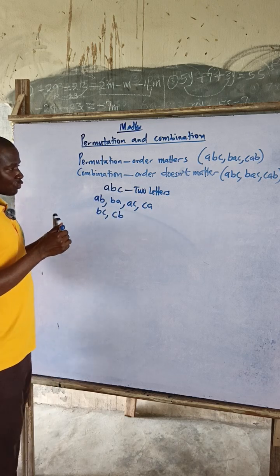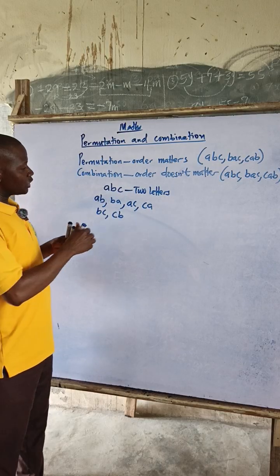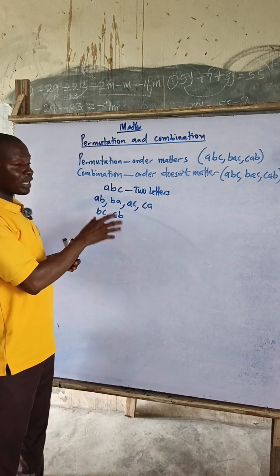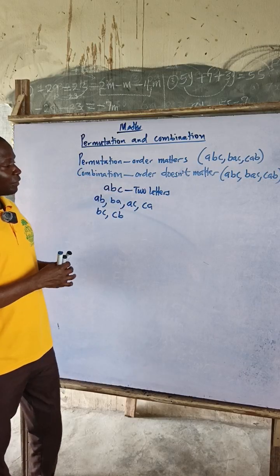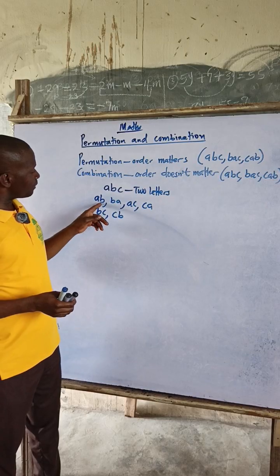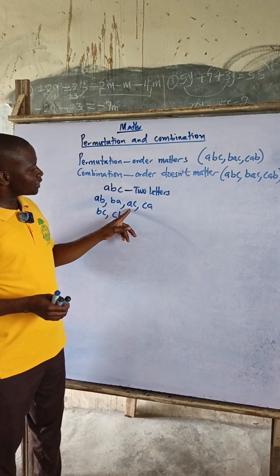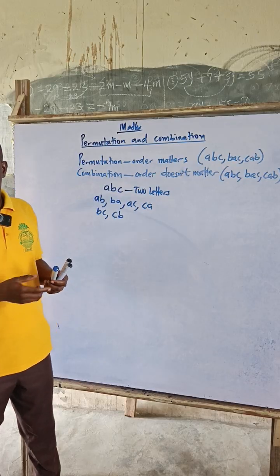Therefore, if you choose two letters from A, B, C, the possible ways in which two letters can be arranged are A, B, B, A, A, C, C, A, B, C, and C, B. We have 6 ways altogether.